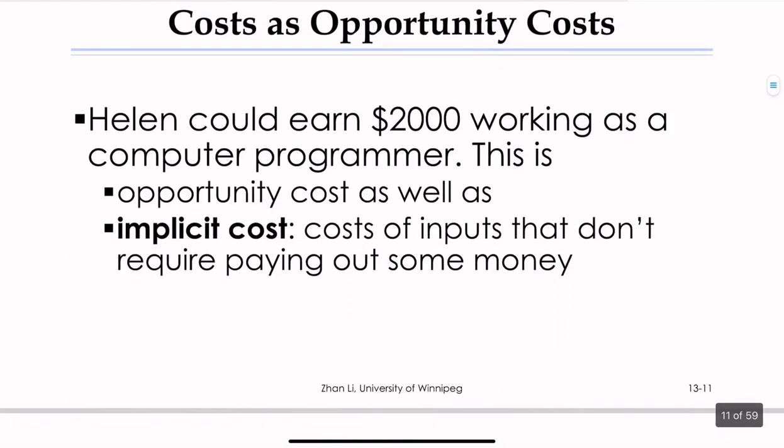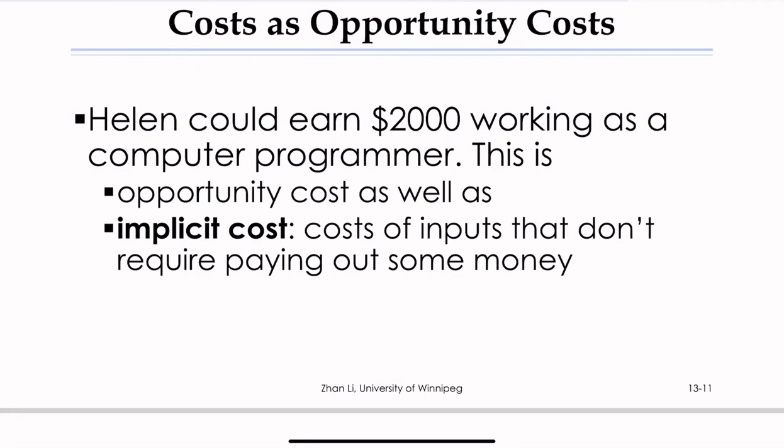Now, let's think about the second type of opportunity cost, which is more subtle. So let's say we assume Helen could earn $2,000 working as a computer programmer. In this case, you can see that this is an opportunity cost, right? Because if Helen chooses to operate this cookie factory, she could not become a computer programmer.